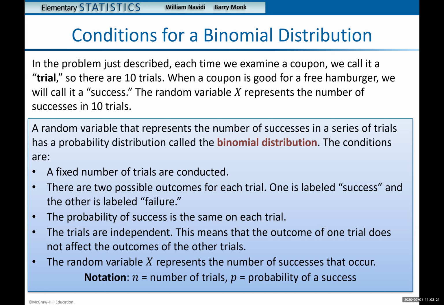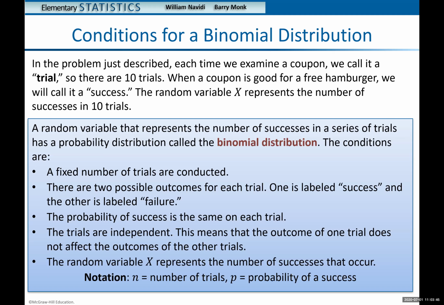So a fixed number of trials are conducted. So just like that example, you have 10 trials, and there are two possible outcomes, success or failure. And for that example, when you get a free hamburger, that is a success. Otherwise, it's a failure.